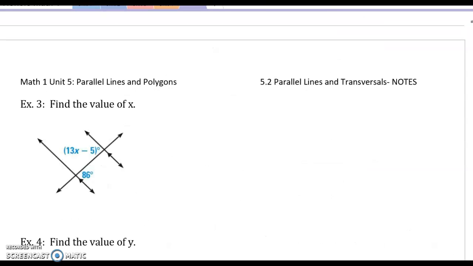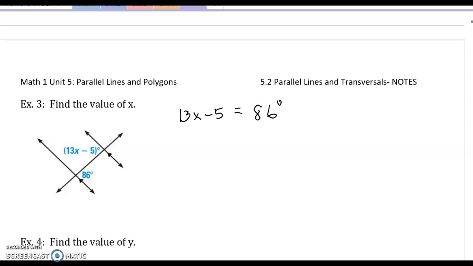Okay, moving on to example number 3. We want to find the value of x. So set up your equation, but then you also need to justify why you set up the equation you did. All right, so hopefully you wrote the equation 13x minus 5 equals 86. But what is your justification?